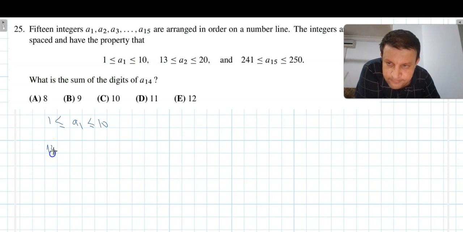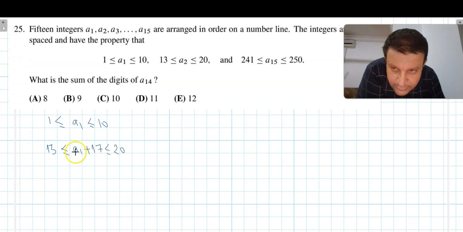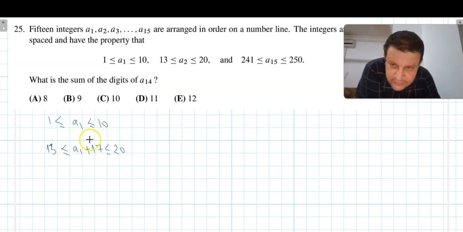A2, which is A1 plus 17, is going to be between 13 and 20. Subtracting 17, A1 is going to be between -4 and 3.